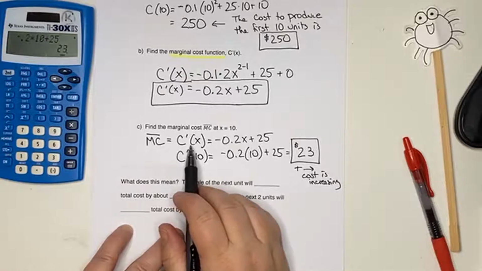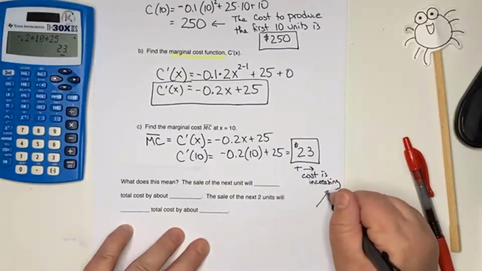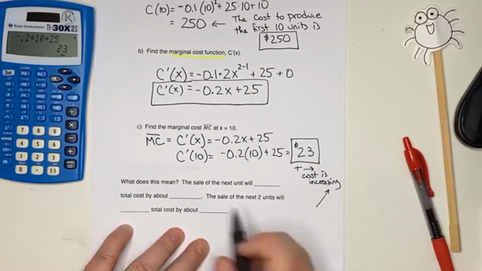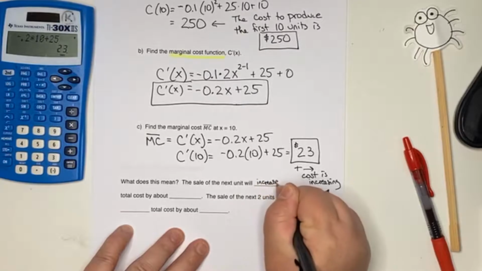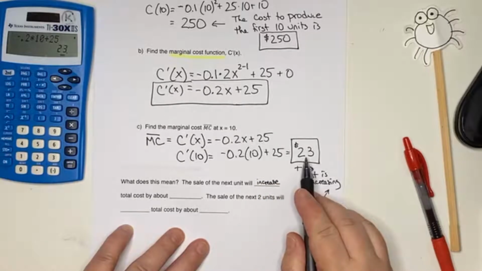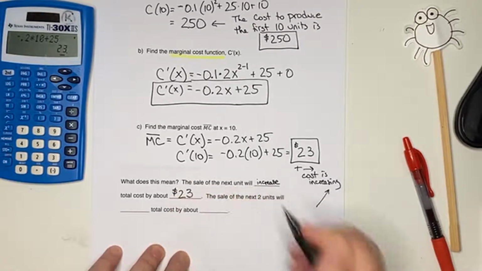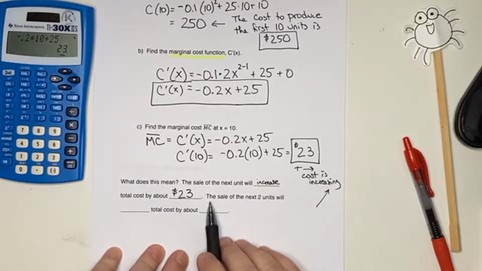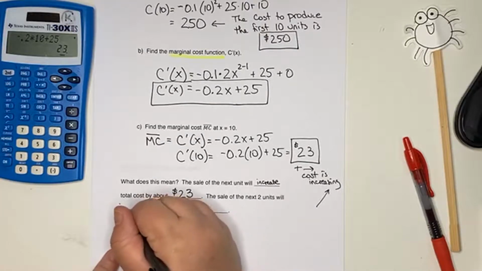The derivative is the slope. If the slope is positive, it's going up. So the sale of the next unit will increase because that's positive. If it were negative, it would decrease. Total cost by about $23.